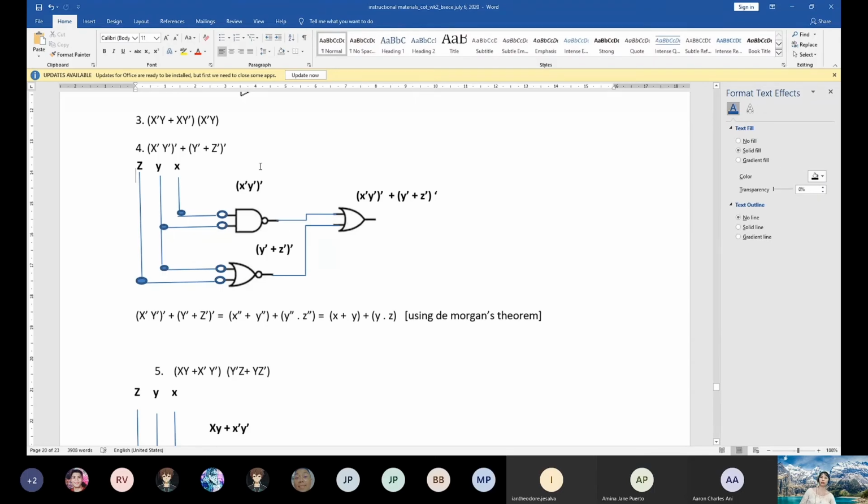If it's just a triangle, that's only a buffer, right? So using De Morgan's principle, alternatively, you may use just an OR and AND.